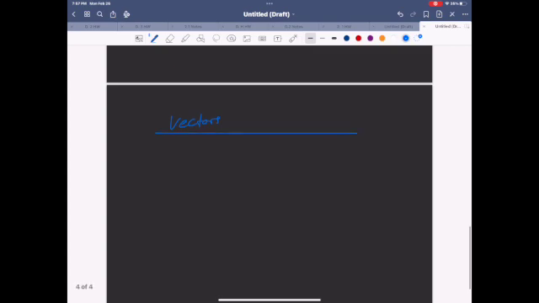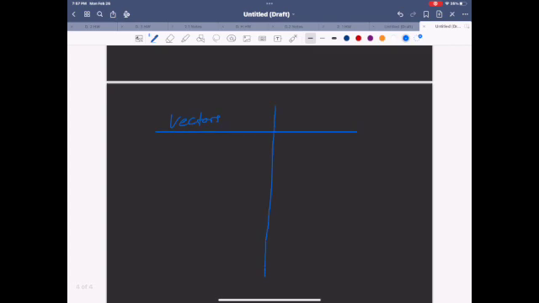Moving on to vectors and scalars. This is 1.3, and we will be combining the two because they're pretty short. There's not really much to go over. Vectors have, let's do another T-chart, direction as well as magnitude.